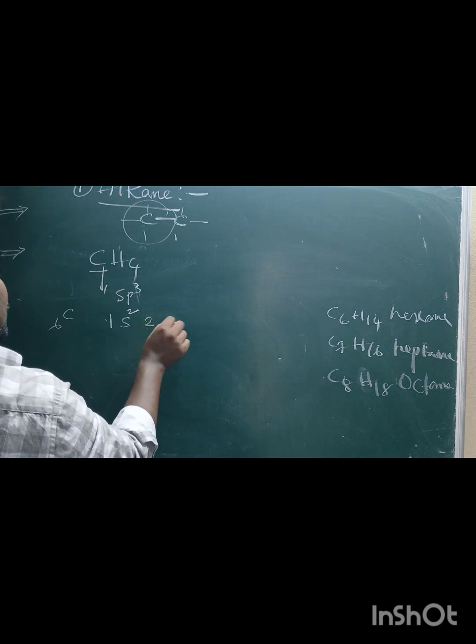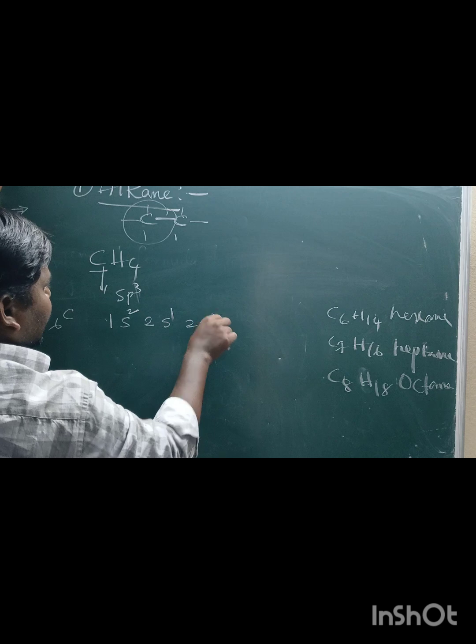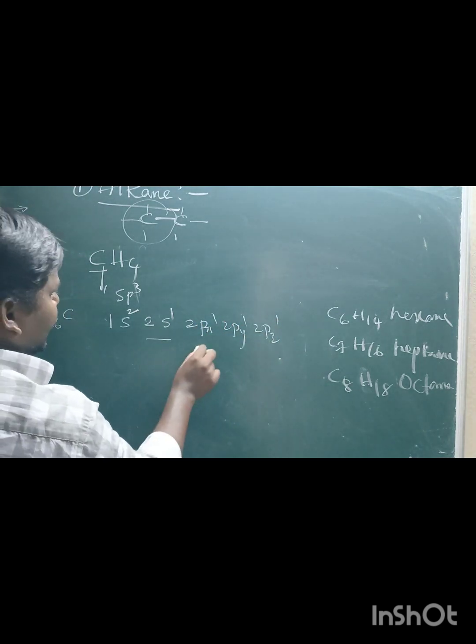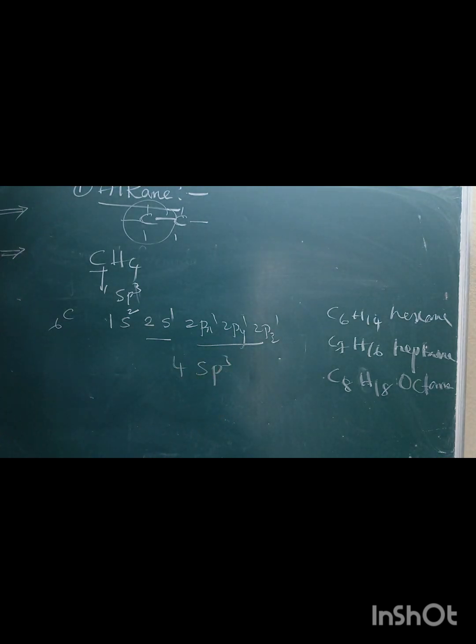The excited state electron configuration of carbon is 1s2, 2s1, 2px1, 2py1, 2pz1. The 2s orbital and the 3 orbitals 2px, 2py, 2pz combine to give 4 identical new sp3 orbitals. This is 1 sp3, 2 sp3, 3 sp3, 4 sp3, identical hybrid orbitals of one carbon atom.